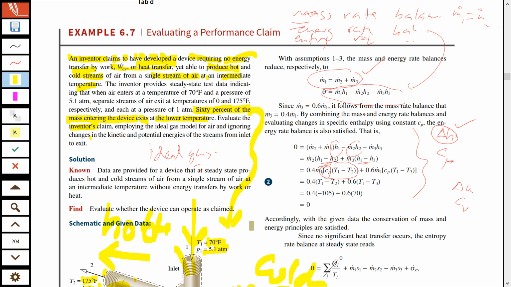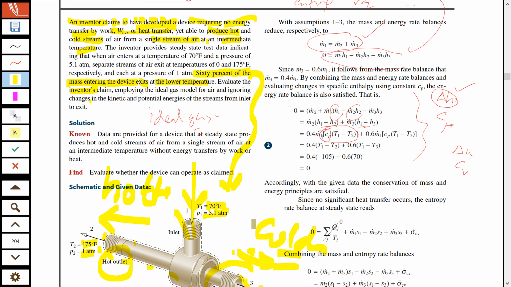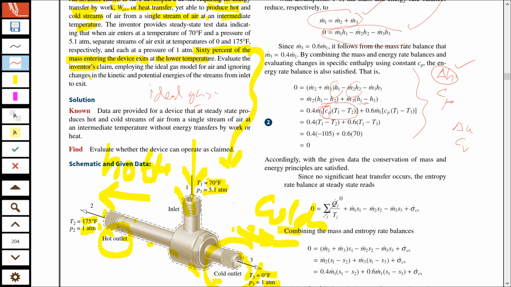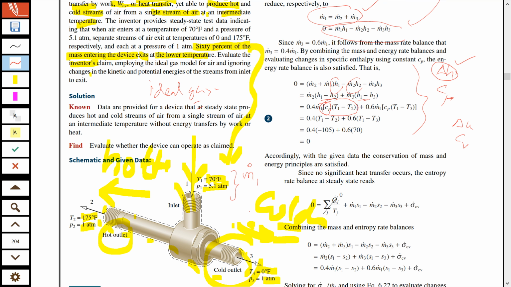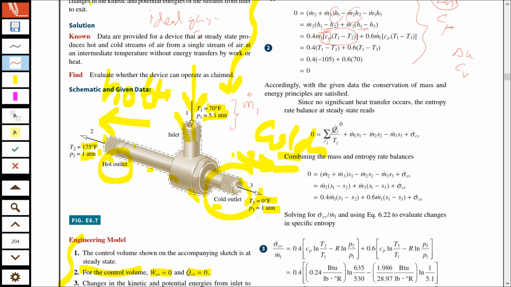It means that if this is m1 dot, then 60% of that is here. 3 represents the exit. So m3 dot equals m1 dot times 0.6. So m2 dot will be 0.4, because 0.4 plus 0.6 is 1.